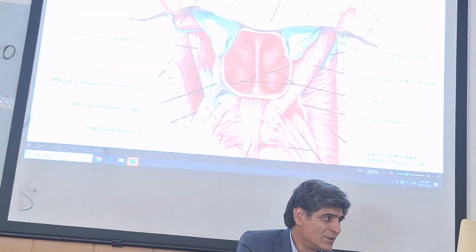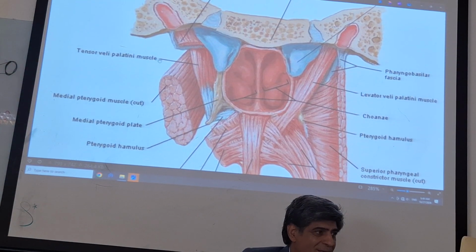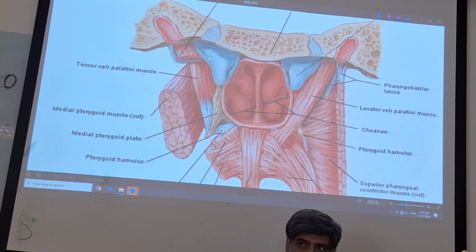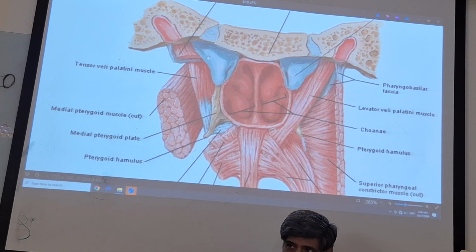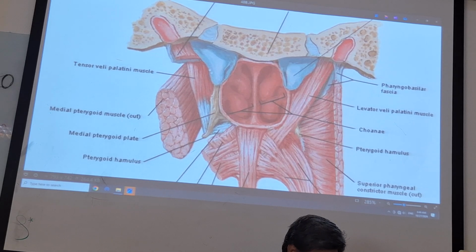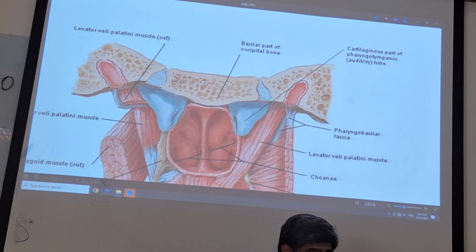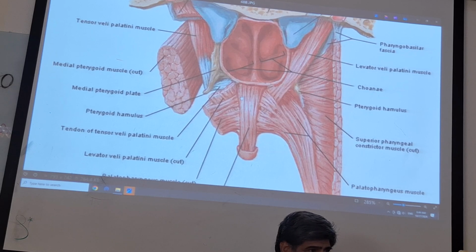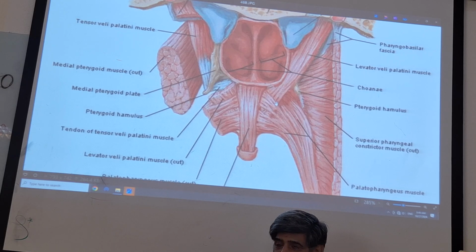Tensor veli palatini has origin from the scaphoid fossa, the sphenoid process, and the lateral surface of the cartilaginous part of the pharyngotympanic or auditory tube. Its insertion is the tendon of the tensor on the left and right, forming the aponeurosis.